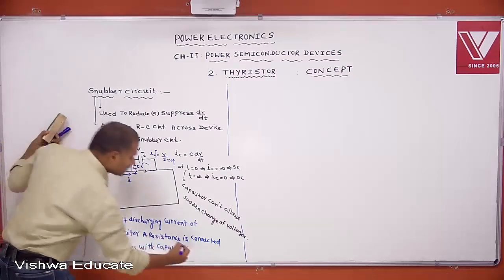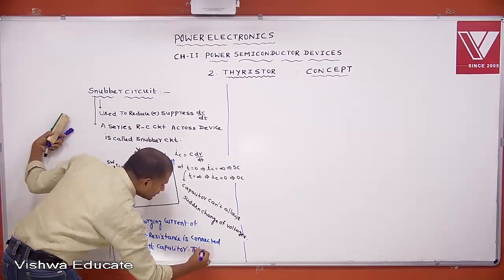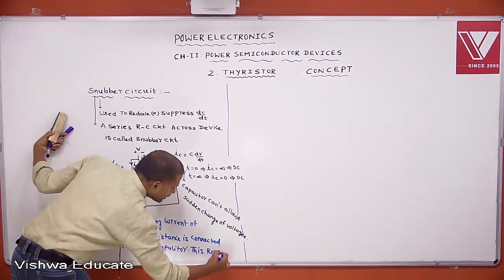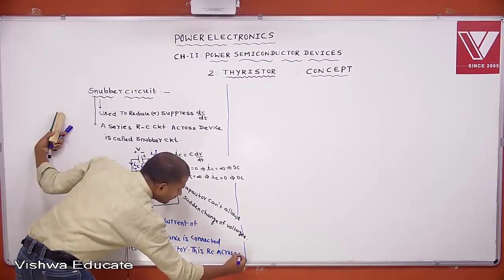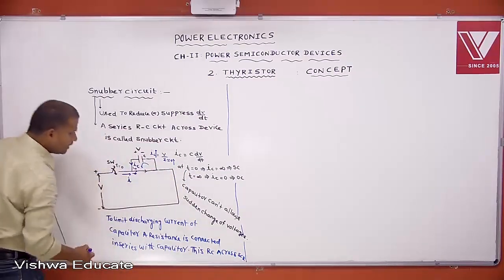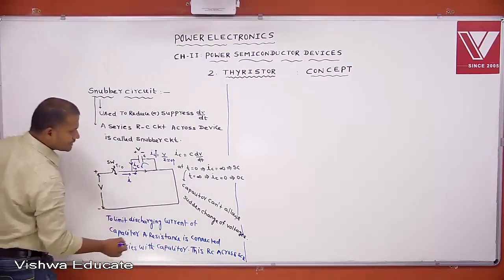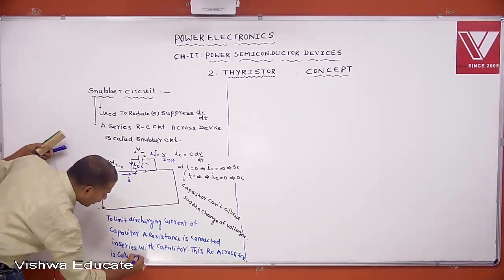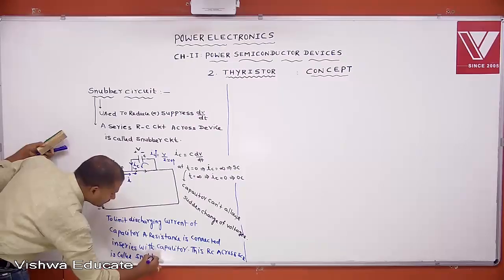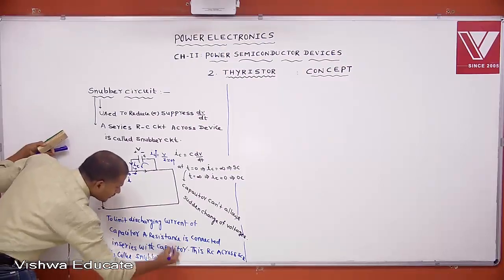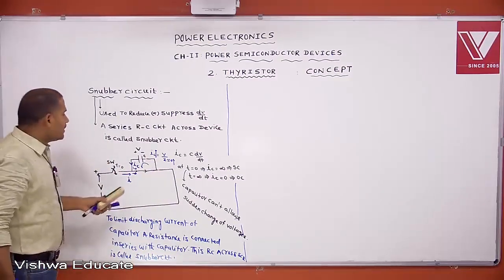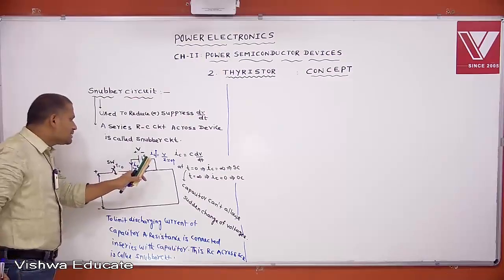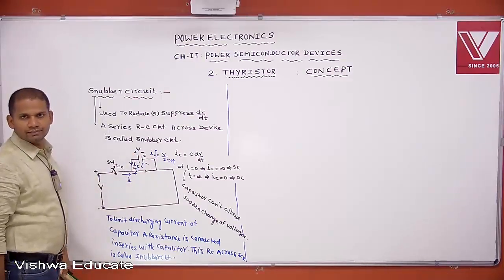This RC combination across the SCR is called which one? It is called the snubber circuit. That is the purpose of using the resistance in series with the capacitor.